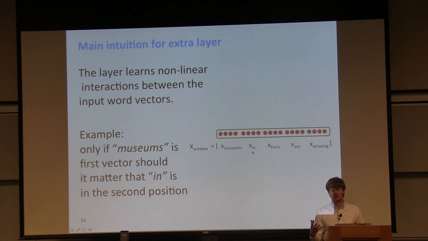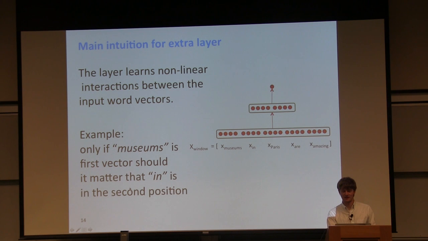That's the kind of feature that you can learn once you add an extra layer in between. If you don't have an extra layer in between and you just classify directly, then basically it just says, if I see this kind of word at this exact location, then it's either indicative of a location or not. But if you want to actually have combinations of words that are captured in the window in specific locations, then you need to have a second layer.